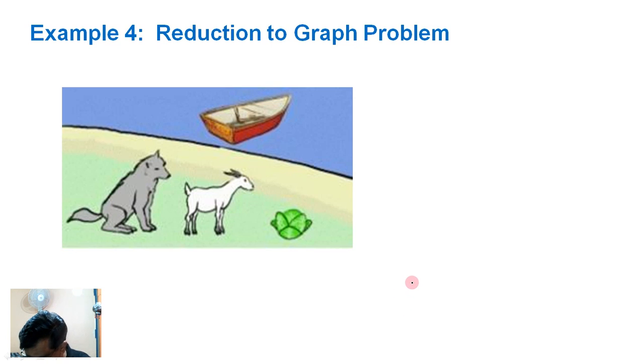Another important problem that can be solved by the third version of transform and conquer is reduction to graph problems. Some puzzles can be transformed into graphs.